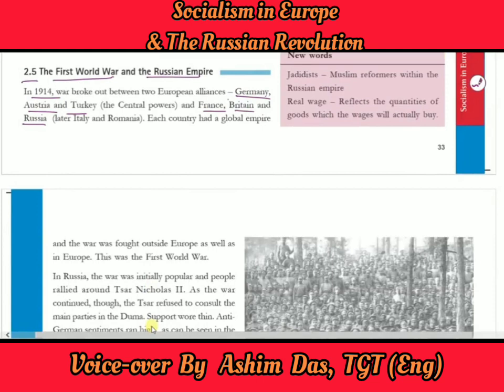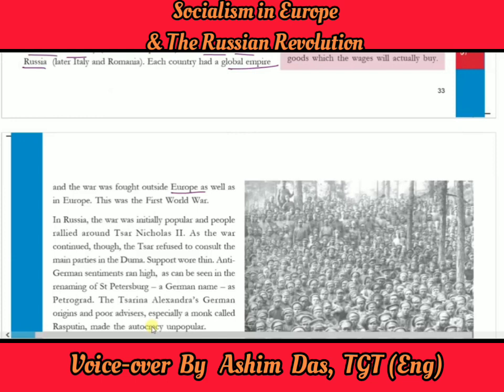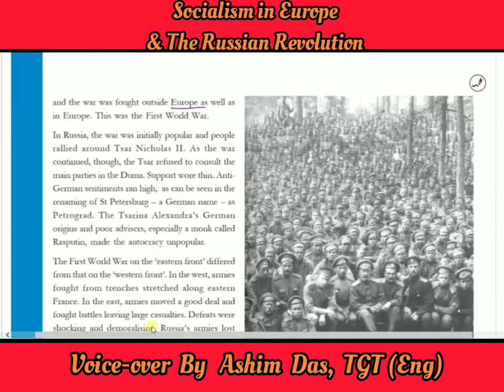Later, Italy and Romania also joined. Each country had a global empire and wanted to establish more powerful states, and the war was fought outside Europe as well as in Europe.